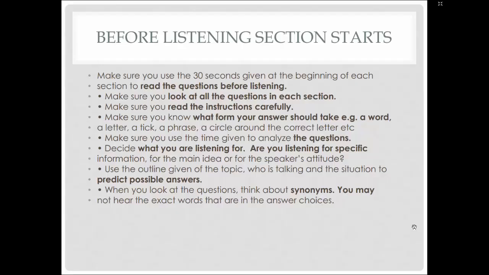Do you need to write a number, a letter, a word? What's also great is to decide what you are listening for. Well, I'm listening for somebody's name here. For number 4, I'm listening for a number. For number 3, I'm listening for them to say a color. So it's important to think about that.